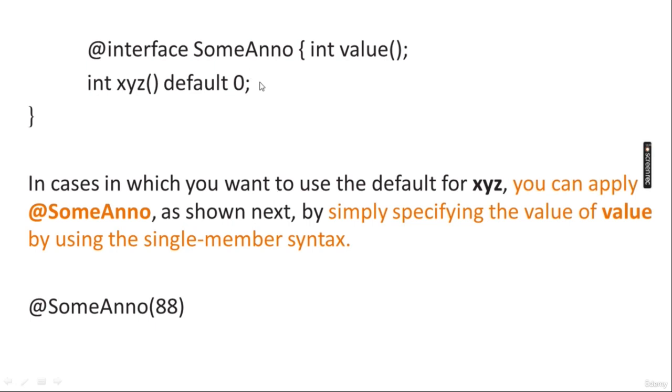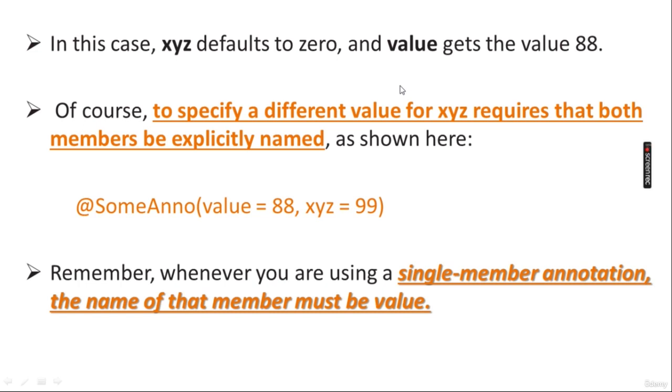Okay. So in cases where you want xyz to be initialized with the default value, you need not specify any value over there. You will only specify the value for the value parameter. xyz defaults to 0, and value gets the value 88.